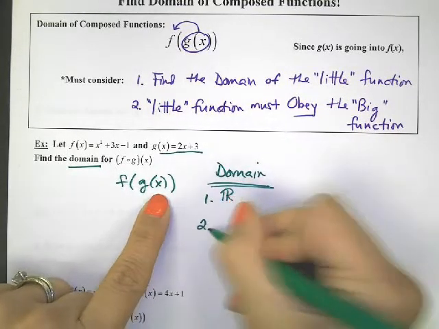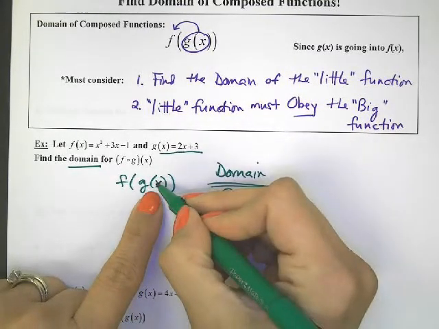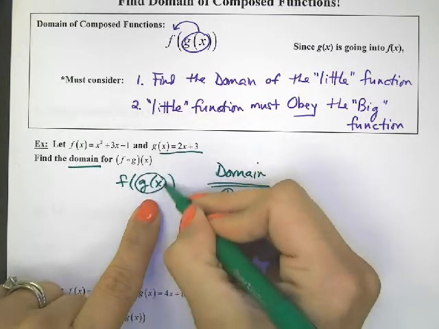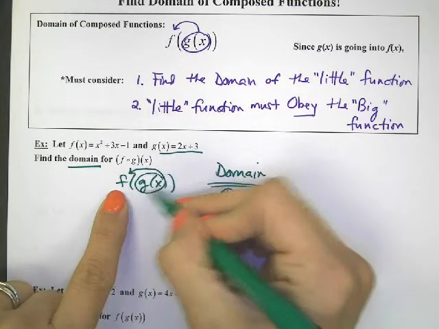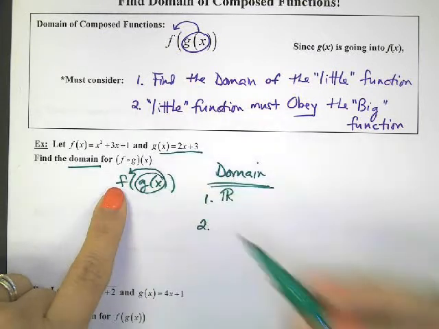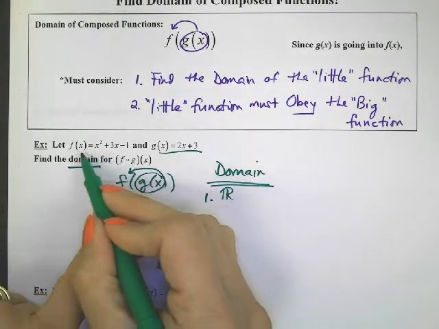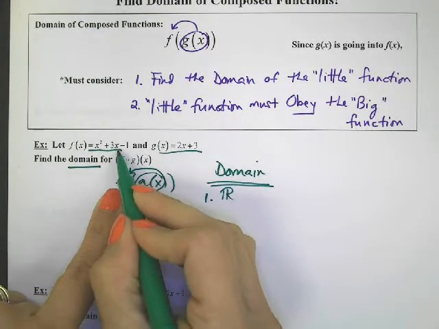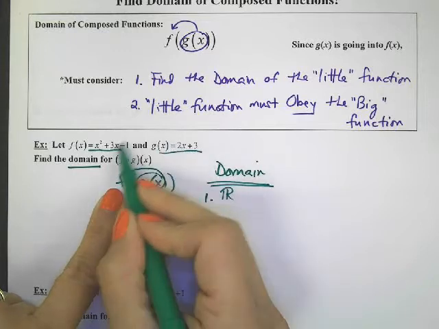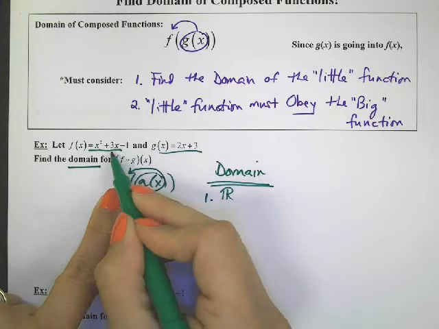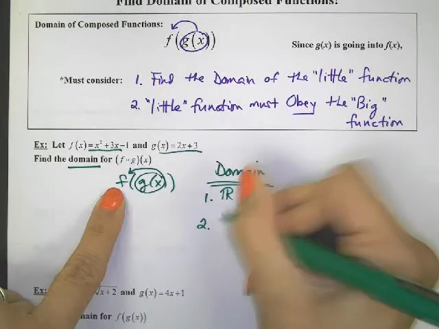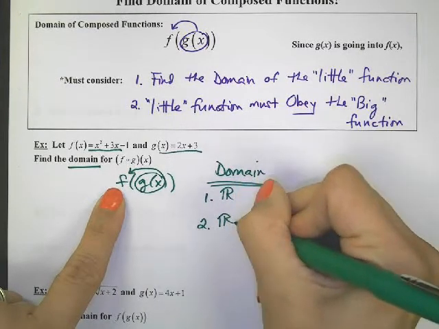Great. Okay, step 2. G is going into F. G must obey F. Let's go see if F has any restrictions. F says, I like all real numbers. G, can you obey that? Pretty sure he can obey all reals. So step 2 answer is all reals.